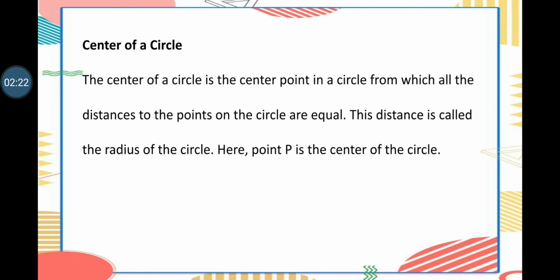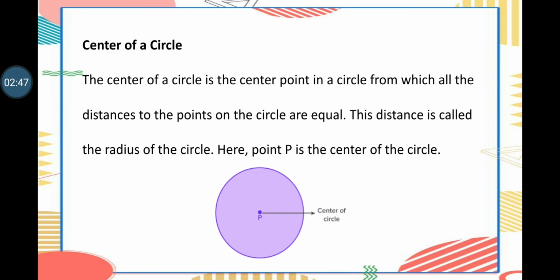The center of the circle is the central point from which all the distances to the points on the circle are equal. This distance is called the radius of the circle. As you can see in the picture, the central point P is given.